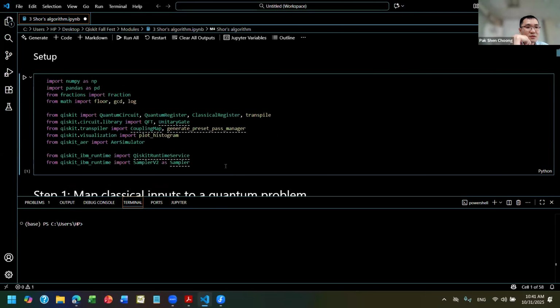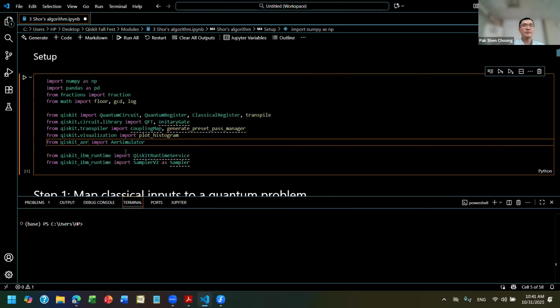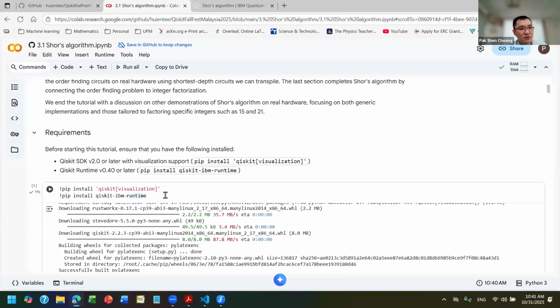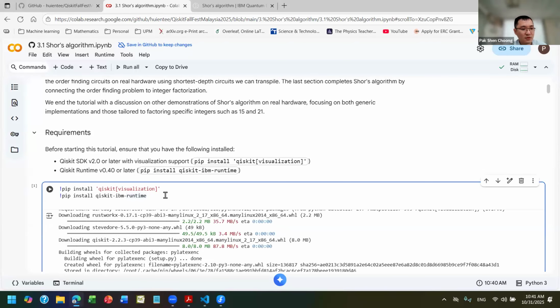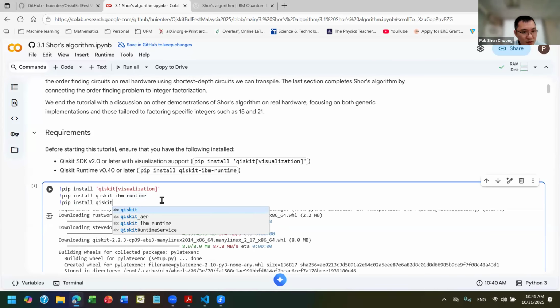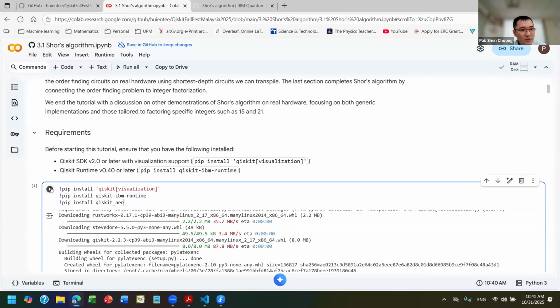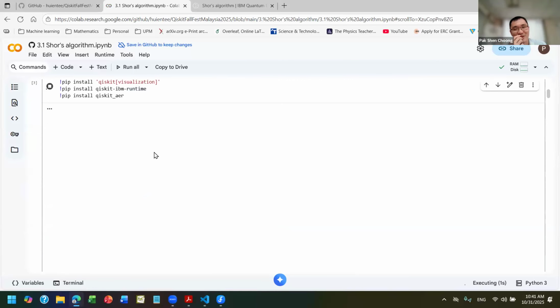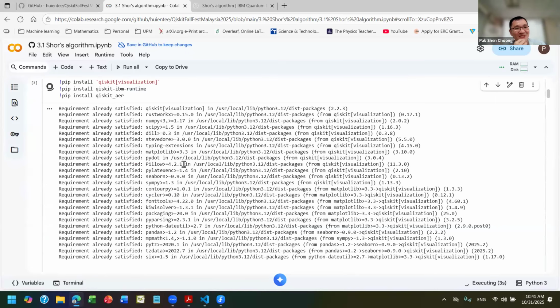Uh, should I install this one as well? Is pip install Qiskit, right? Okay. Okay, why is that? Do you remember? I don't. Okay. You need to add this. Sorry, because I was running this through my laptop.